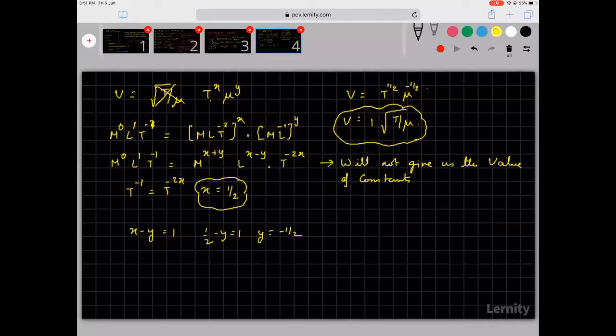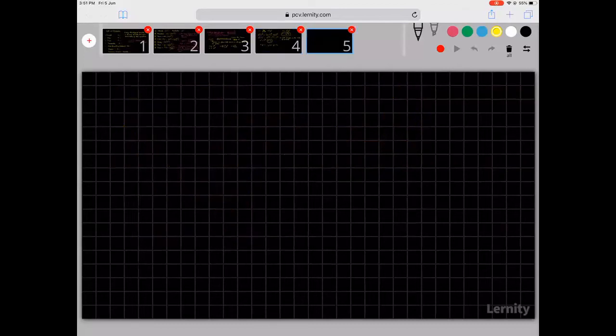That is the most important problem with dimensions. Again understand, not all constants are dimensionless. There are many constants which have dimensions.